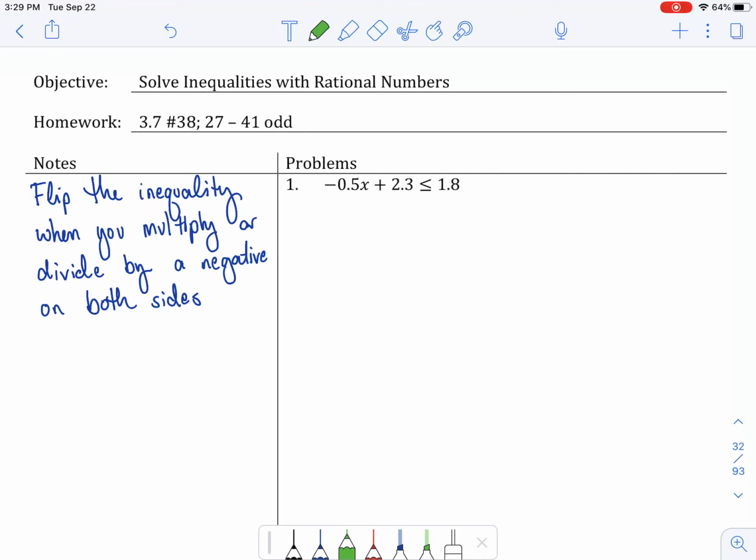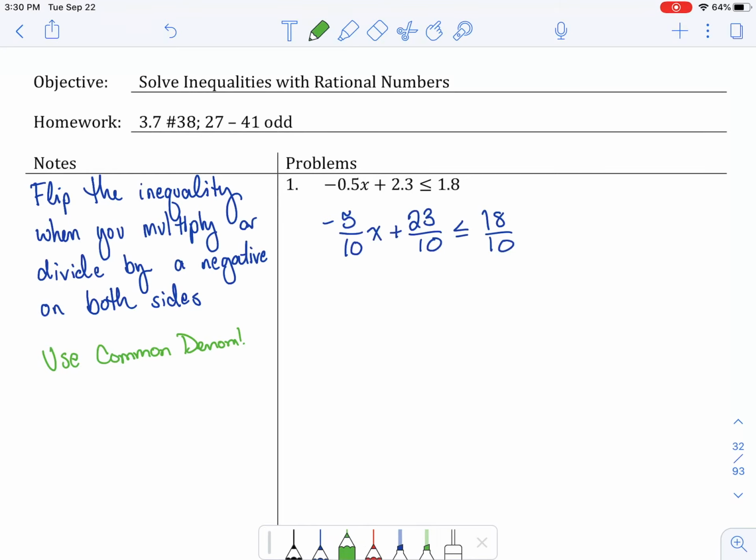The nice thing with rational numbers is that you can still use the common denominator strategy that we talked about in the last lesson. So in this case, I'm looking at decimals, and they all only go to the 10th place, which means the common denominator is 10. So if you want to write them as fractions, you absolutely can.